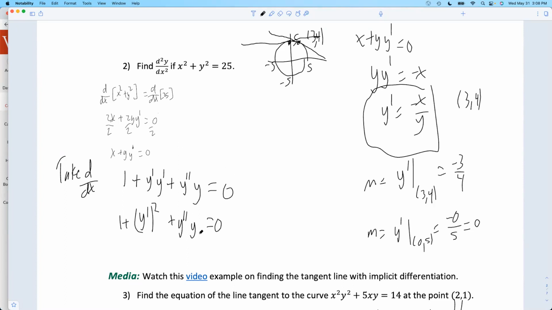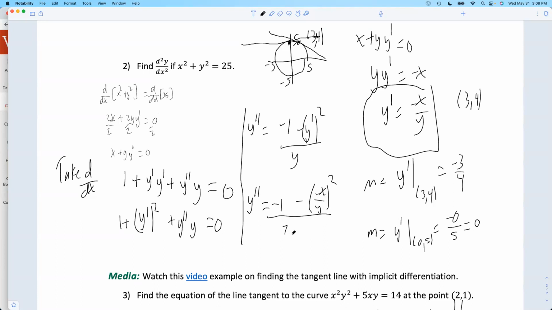And then I could, if I wanted to, solve this for y double prime. So y double prime will be -1 minus y prime squared all over y. But I know y prime, it's right here in terms of x and y. So y double prime would be -1 minus (-x/y) squared all over y.